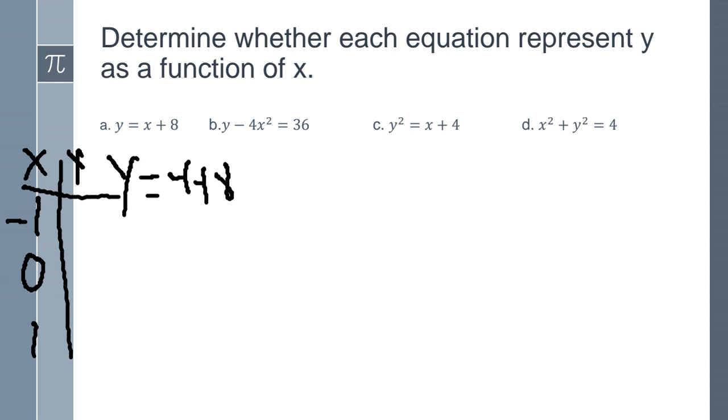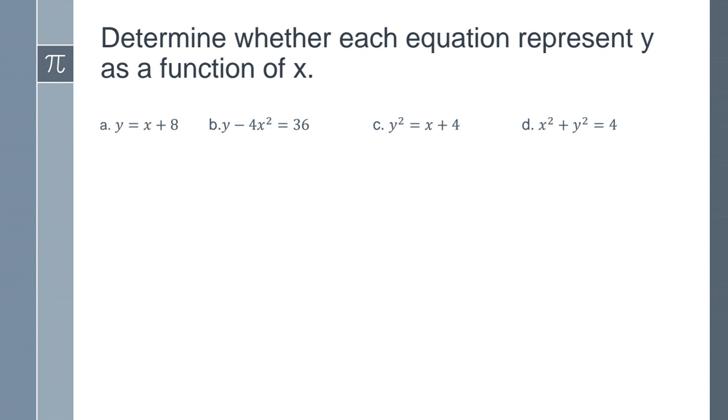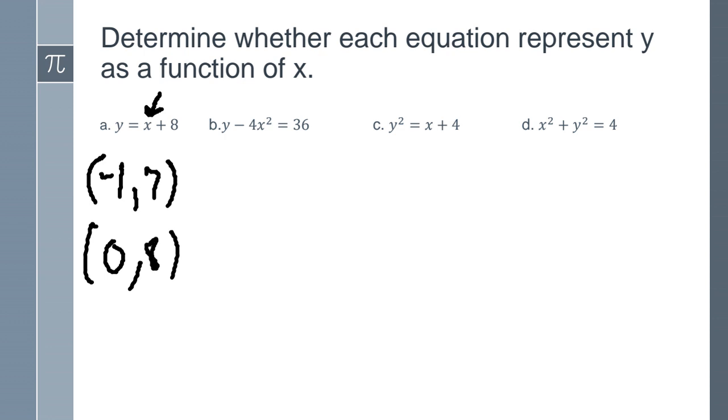So -1 gives me a 7. Well, what about 0? If we plug in 0 for x here, it's going to give me an 8. And I always want to try a positive number as well. If I plug in 1 for x, I get 9.